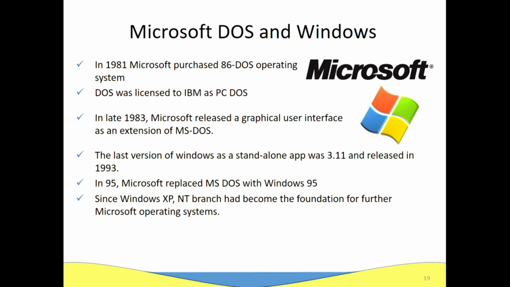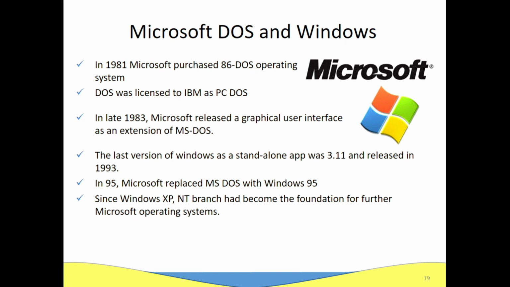DOS was licensed to IBM as PC-DOS. In parallel, Microsoft was developing MS-DOS that eventually became a separate product with different capabilities. MS-DOS was developed for Intel 8086, and thus subsequent Intel processors of the 86 family were able to run Microsoft DOS.